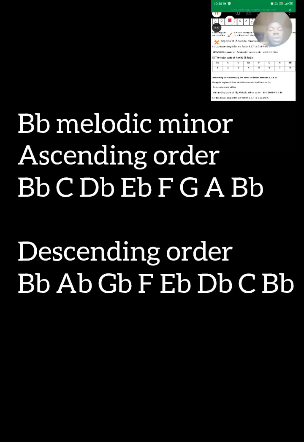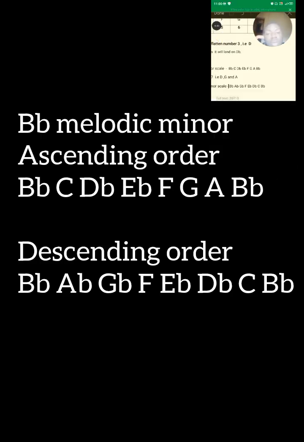Our new scale will now become B flat, A flat, G flat, F, E flat, D flat, C, and B flat. So you can see that we changed our A from ordinary A to A flat, our G from ordinary G to G flat, and our D from ordinary D to D flat. This is quite straightforward, right?